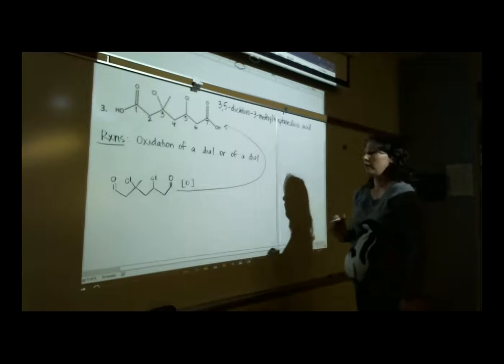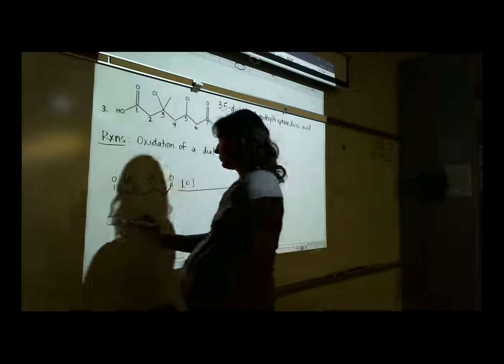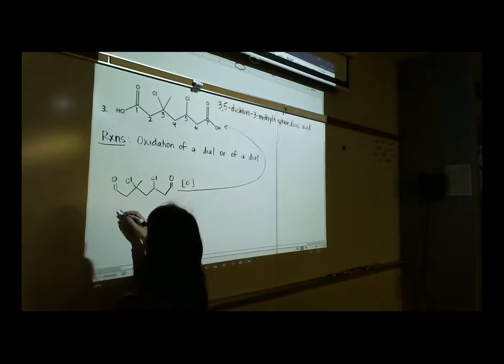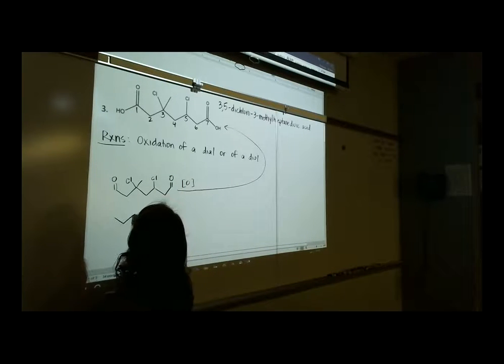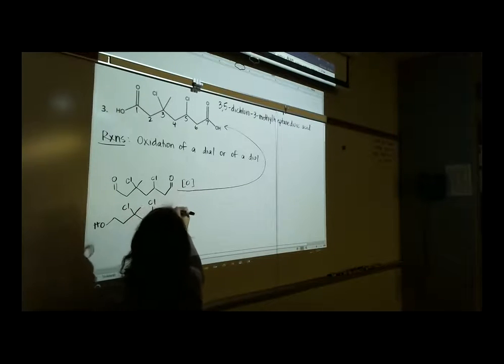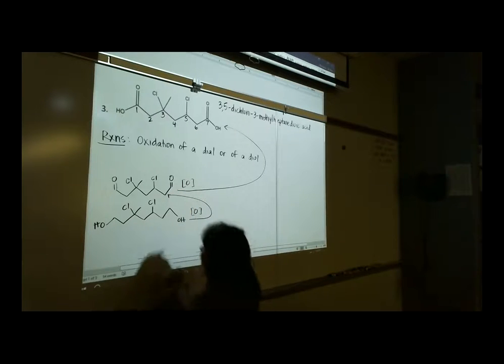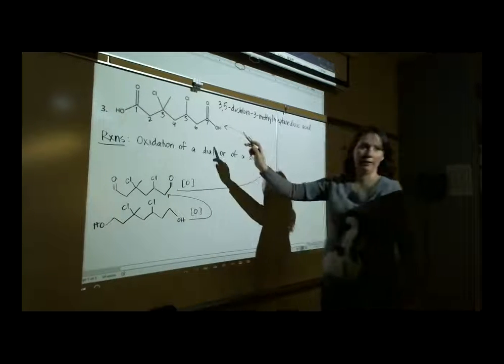And then if I were to oxidize an alcohol, OH, and then Cl, Cl, OH. If I oxidize that, that gives me that, which then oxidizes to that.